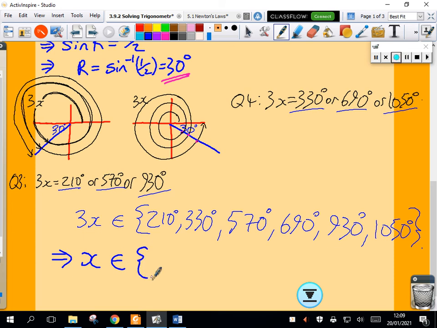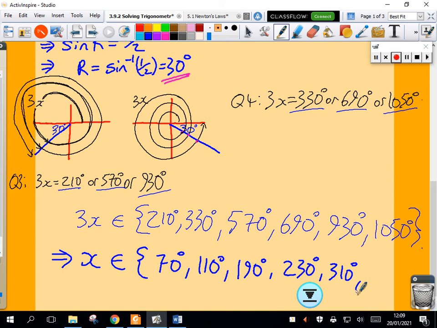So 210 divided by 3, that's 70. 330 divided by 3, that's 110. And we can keep going. Now 570 divided by 3, that's 190 degrees, I think. 690 divided by 3, 230 degrees. 930 divided by 3, that's 310 degrees.